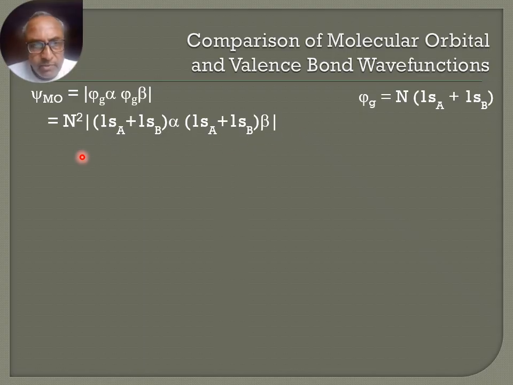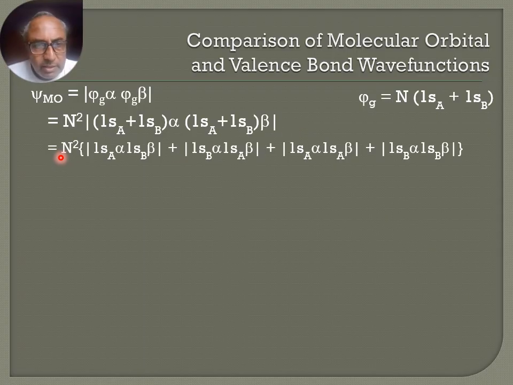And if we expand this out, we see that it's a sum of four Slater determinants, that is N squared times determinant 1sA alpha 1sB beta, plus determinant 1sB alpha 1sA beta, plus determinant 1sA alpha 1sA beta, plus determinant 1sB alpha 1sB beta.